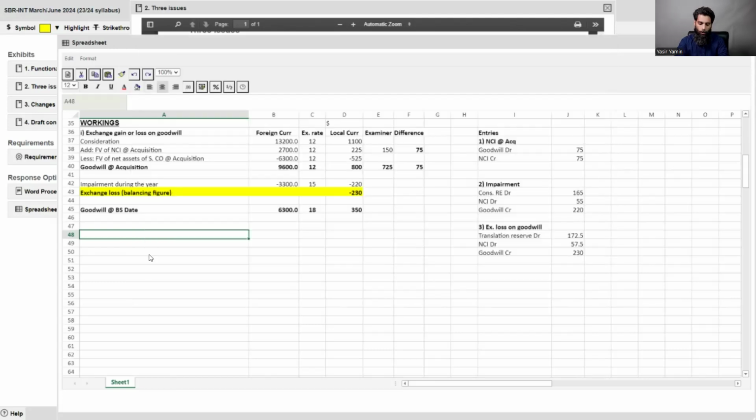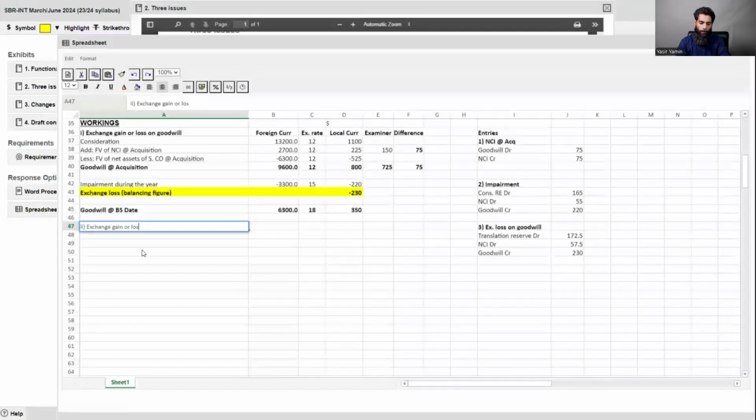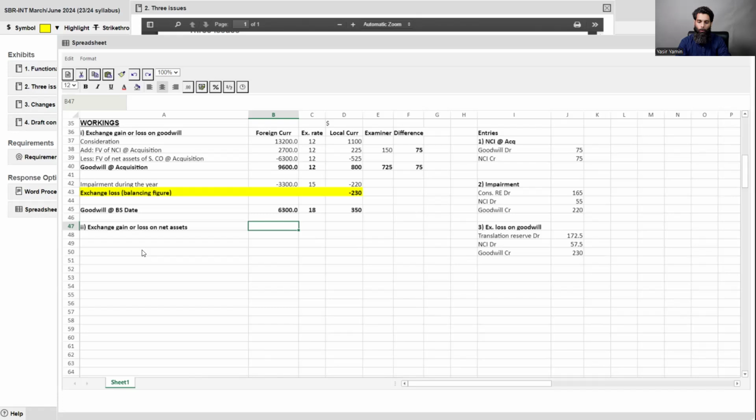All right. So working number 2 that we are doing is basically exchange gain or loss on net assets. You remember what were the columns that we had to prepare? These were columns of foreign currency, exchange rate, local currency.